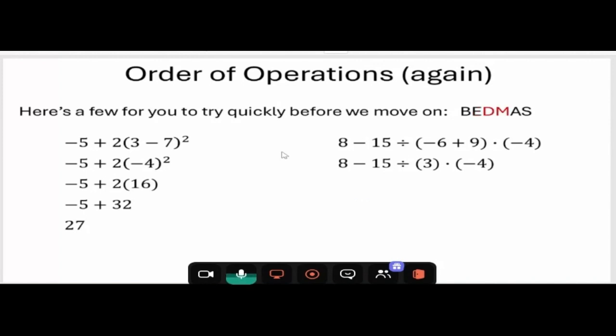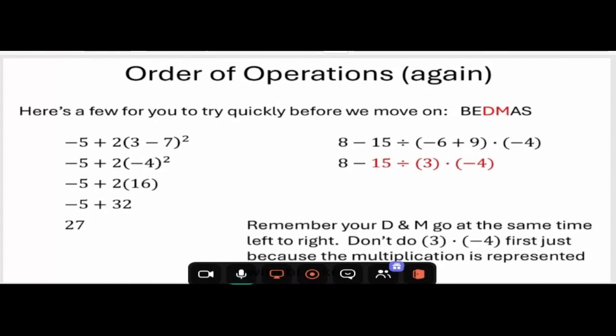What about division and multiplication? Yeah. So I got this 8 minus out here, but that's addition subtraction, so nothing's happening with that yet. I got division and multiplication. Remember, division and multiplication are tied. We do them in the same step from the left to the right. So 15 divided by 3 first.